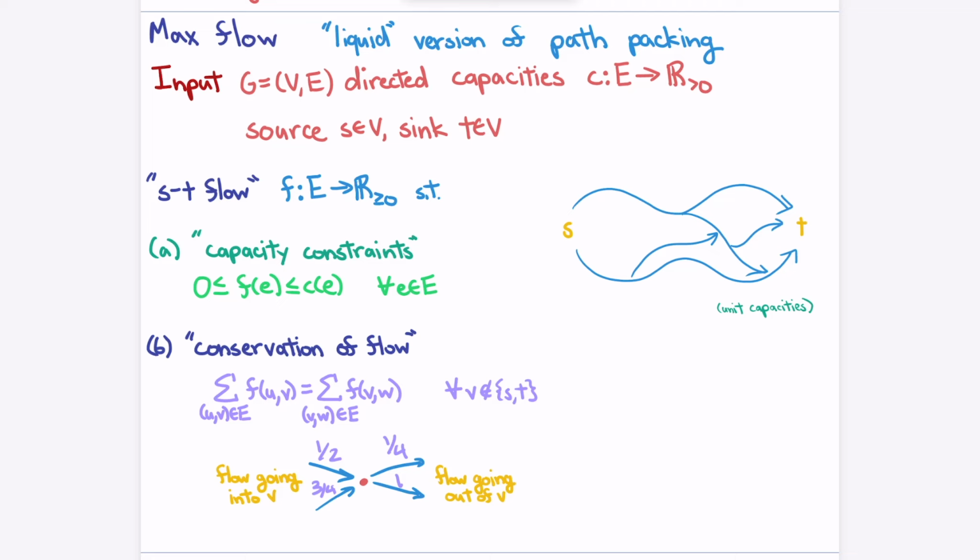Looking at this example graph on the right, maybe you have some kind of flow that sends 1 here, and then 0.5 along here, 0.5 along here, 1 unit here. We'll split it up into 0.5, 0.5, 1, 0.5, 0.5, 1 or something, assuming all the edges are unit capacity. You can see the water splitting and joining, but the overall mass is conserved.